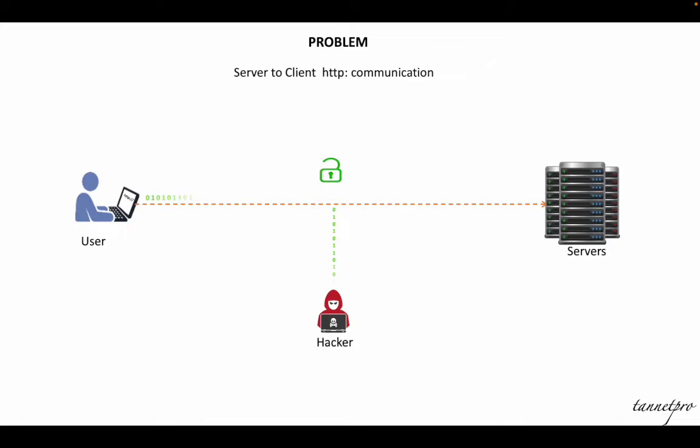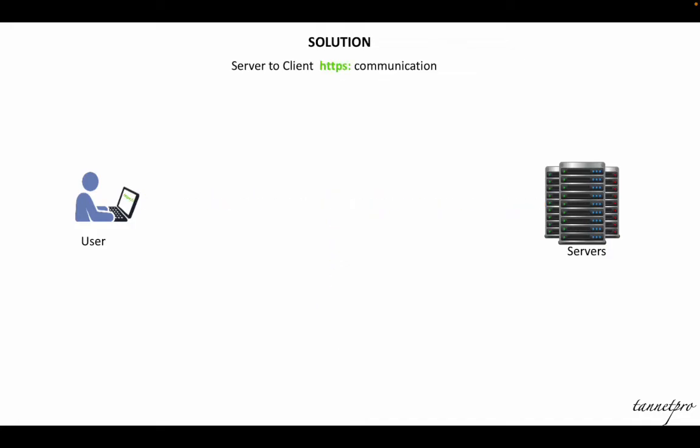As your traffic is end-to-end unencapsulated, purely clear text, any day a hacker or intermediate intrusion can happen, and he can steal your entire end-to-end data. So this is the problem with HTTP traffic. Now what is the solution? The solution is HTTPS.